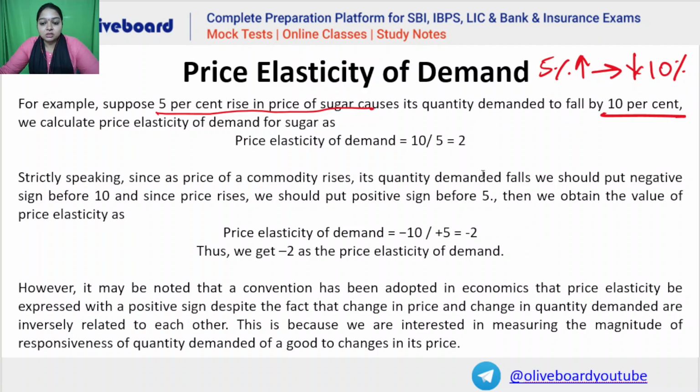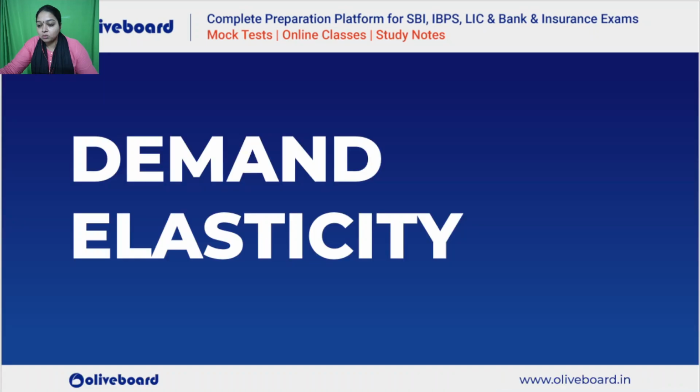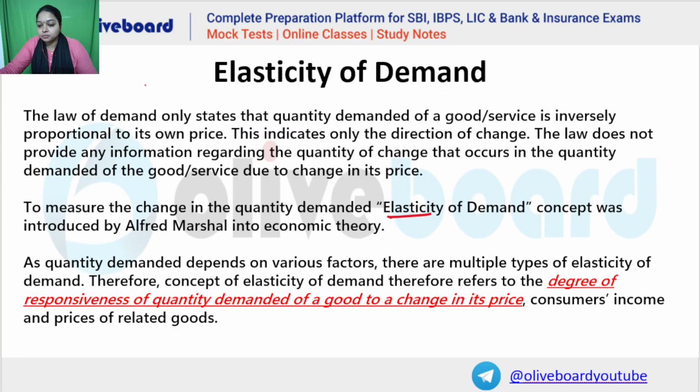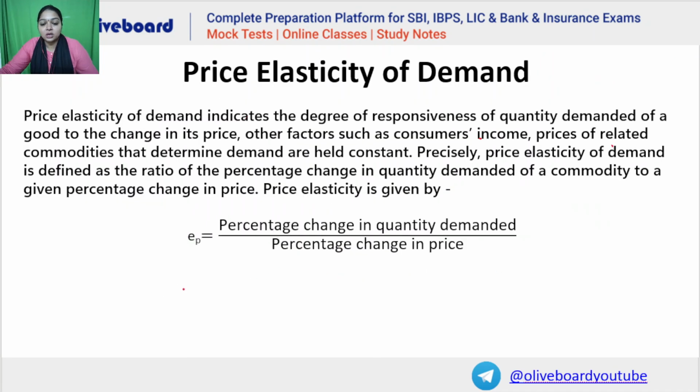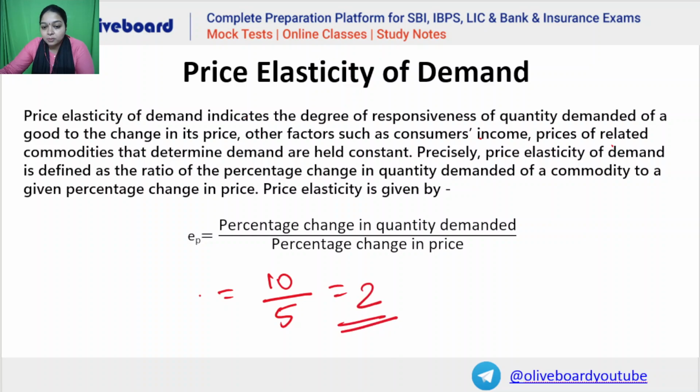In the previous slide we have seen the formula: percentage change in quantity demanded by percentage change in price. What was the percentage change in quantity demanded? 10%. What was the percentage change in price? 5. So this gives you 2.